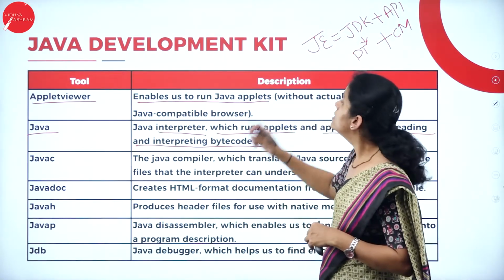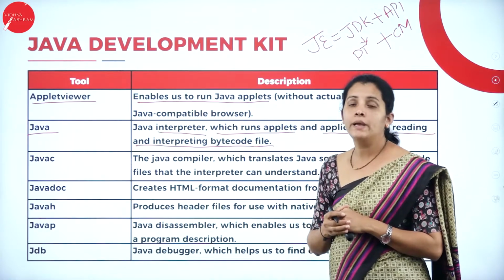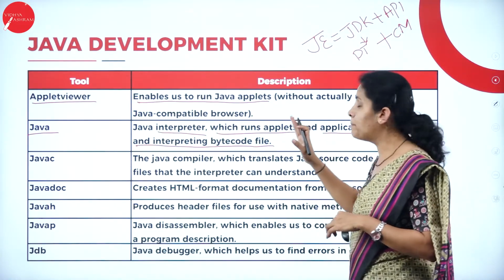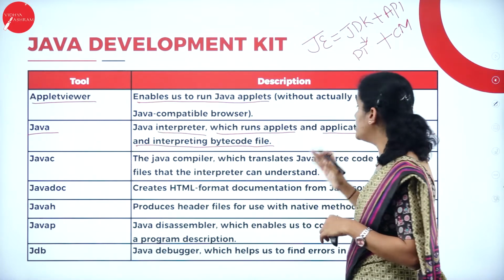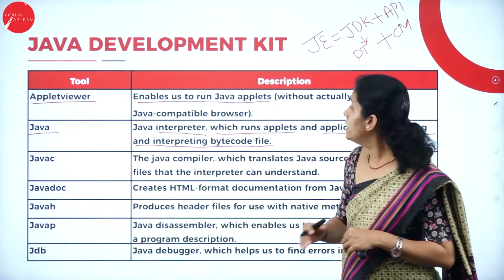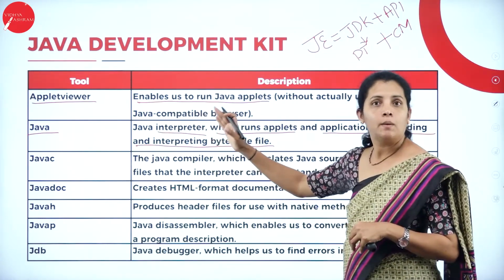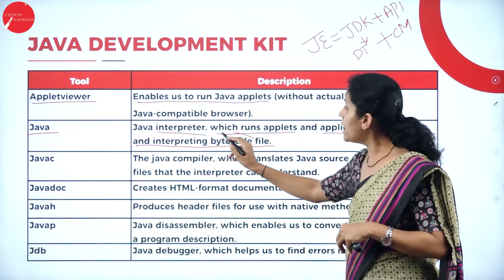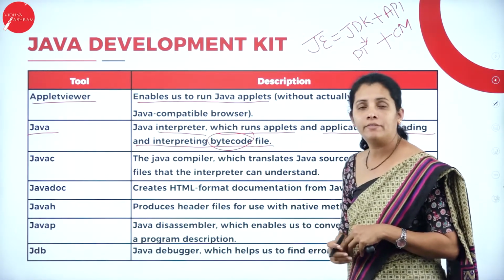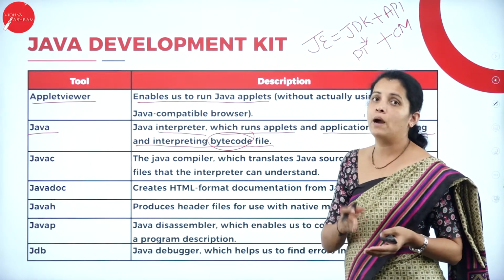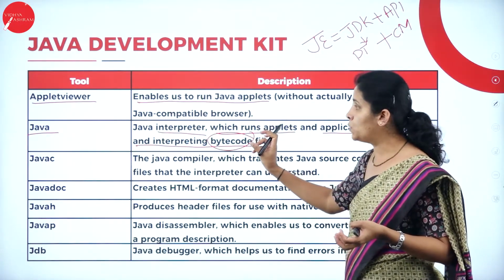Now where will I get this bytecode? After compiling a Java program, I'm going to get the bytecode.